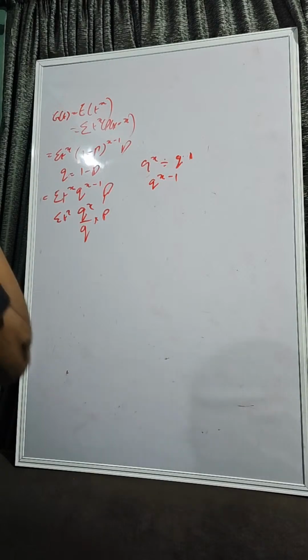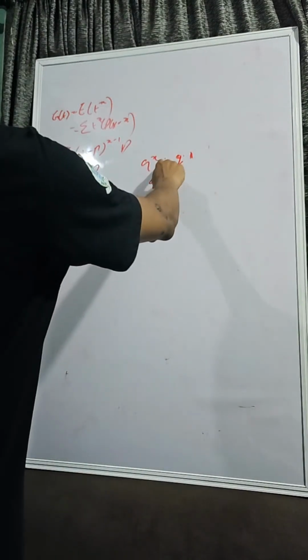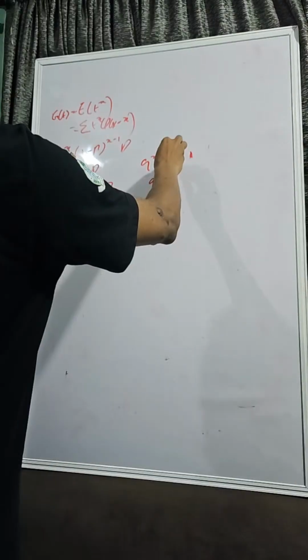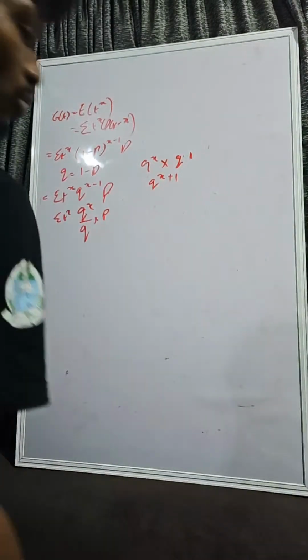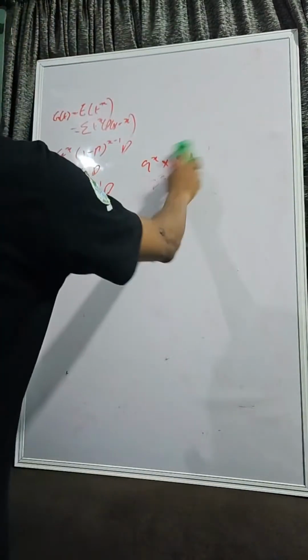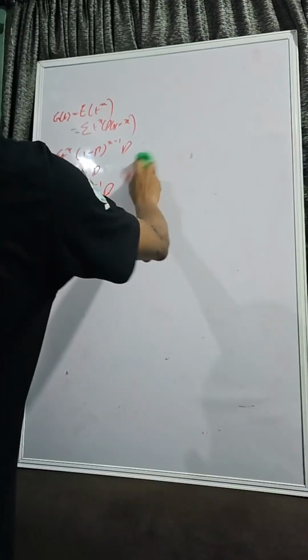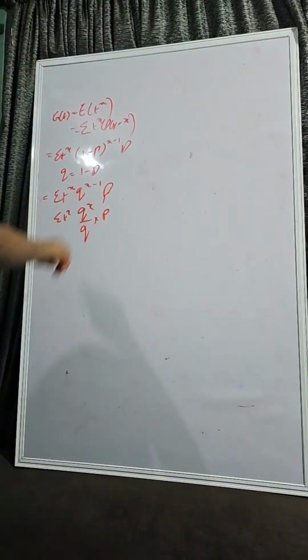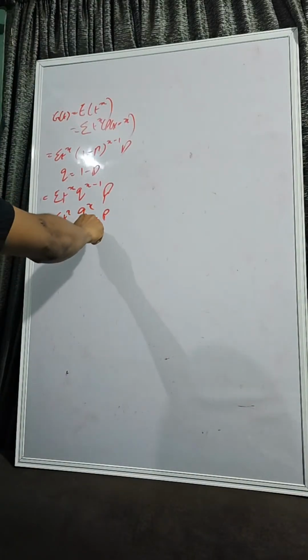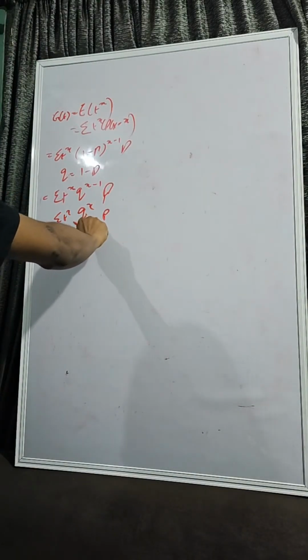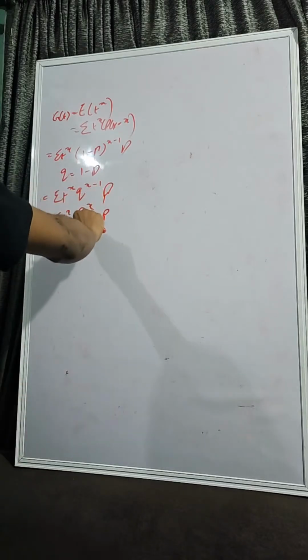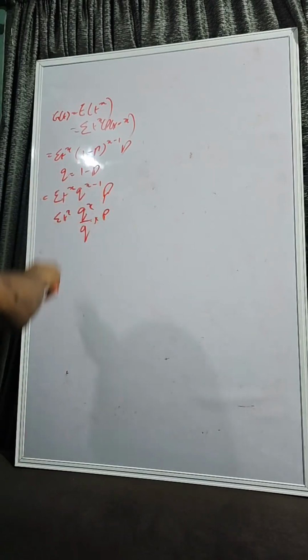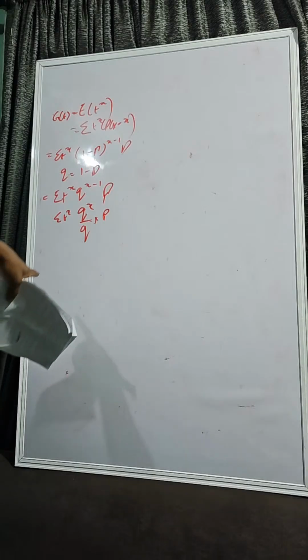The same way, when you have q to the x times q, it is q to the x plus 1. So when you have q to the x minus 1, you can rewrite it as q to the x divided by q. There's no need to show this; it's only when you have it in this form that you need to show it. That's what they did here.